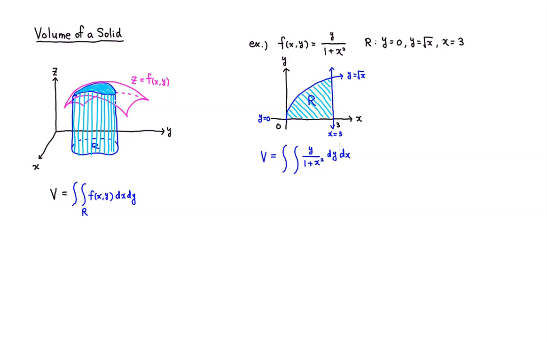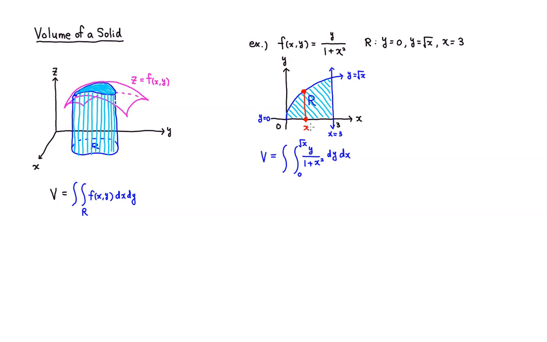Then to cover this, we have to go from y equals 0, up until we hit this curve, y equals square root of x. So y goes from 0 to square root of x.